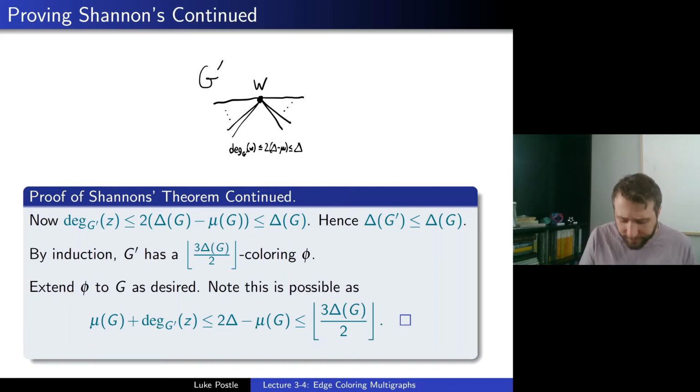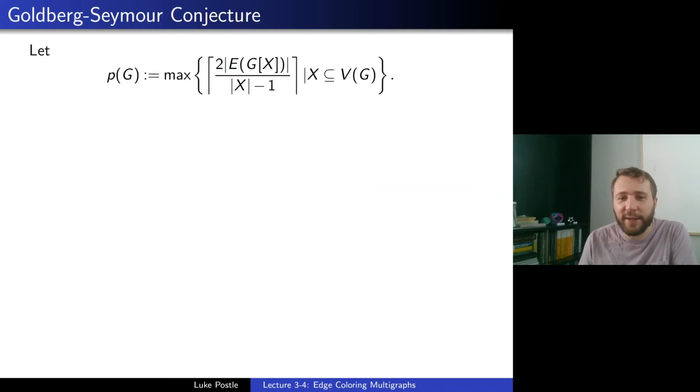So that's the proof of Shannon's. If mu is small, just use Vizing's, and if mu is larger, you identify and then go by induction and extend the coloring back to this thick bundle. So that's a very nice proof using Vizing's, not the original proof, of course, but very nice.